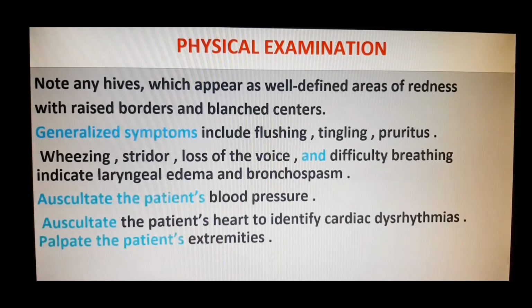Wheezing, stridor, loss of voice, and difficulty breathing indicate laryngeal edema and bronchospasm and may indicate the need for emergency intubation. Auscultate the patient's blood pressure with a high suspicion for hypotension. Auscultate the patient's heart to identify cardiac dysrhythmias, which may precipitate vascular collapse. Palpate the patient's extremities for signs of cardiovascular compromise, such as weak peripheral pulses and delayed capillary refill.